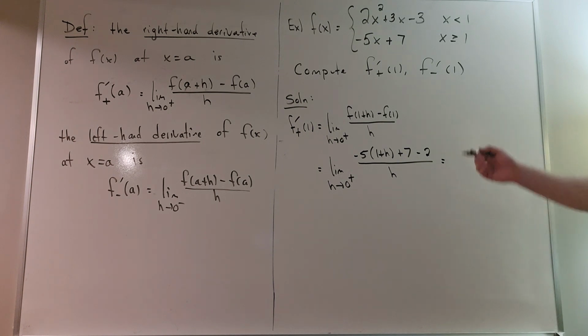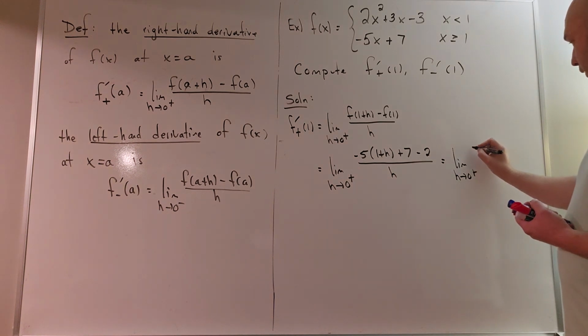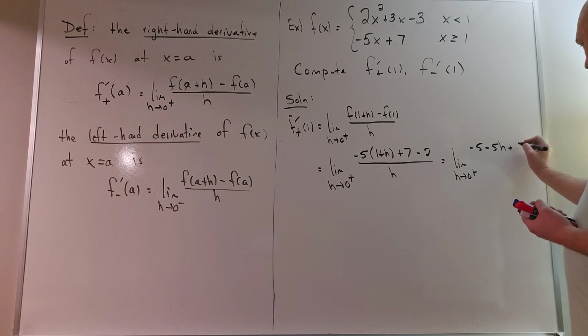Okay, simplify that numerator. I would get negative 5 minus 5h plus 7 minus 2 all over h.